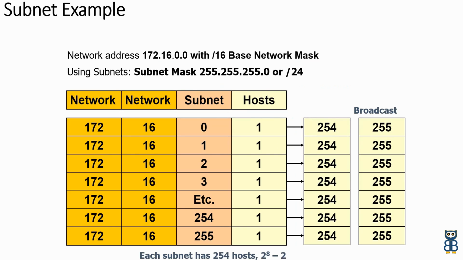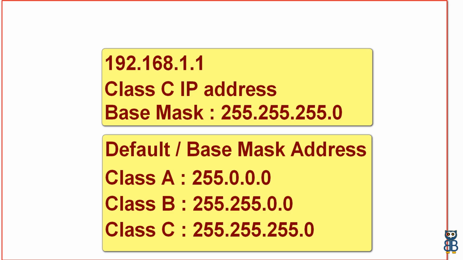Generally, when someone says, "What is the subnet mask of the IP address 192.168.1.1?" the person won't tell you the CIDR value. It is mandatory to consider the base network mask of the subnet.